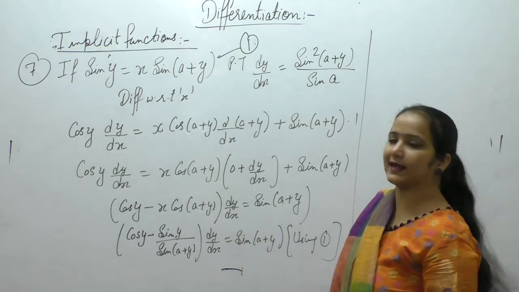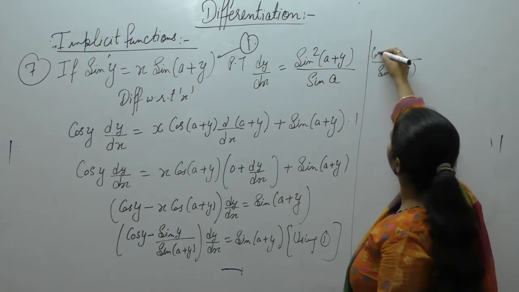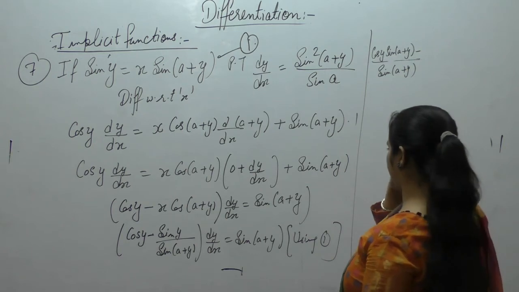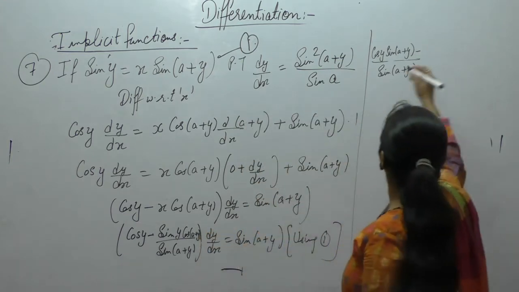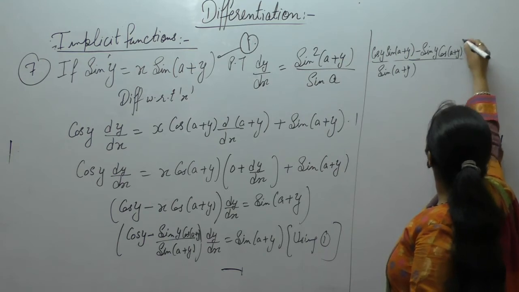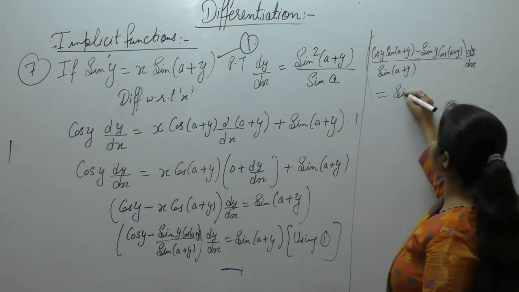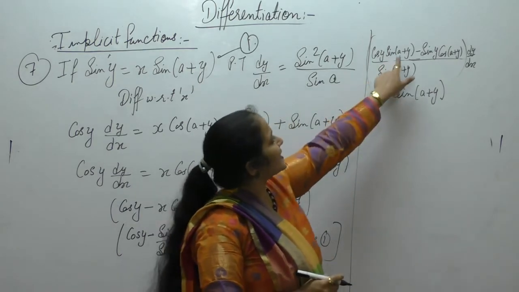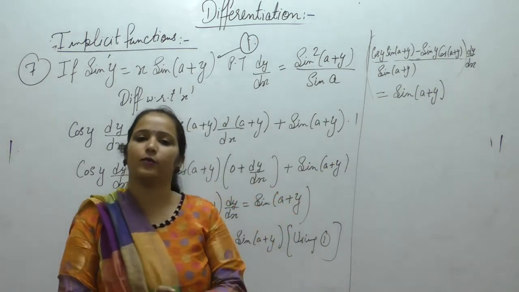Now in the next step take the LCM. Sine (a plus y), cos y sine (a plus y) minus cos (a plus y) is also here, minus sine y cos (a plus y) dy upon dx is equals to sine (a plus y). Now this is the formula: sine a cos b minus cos a sine b. What is the formula for that?